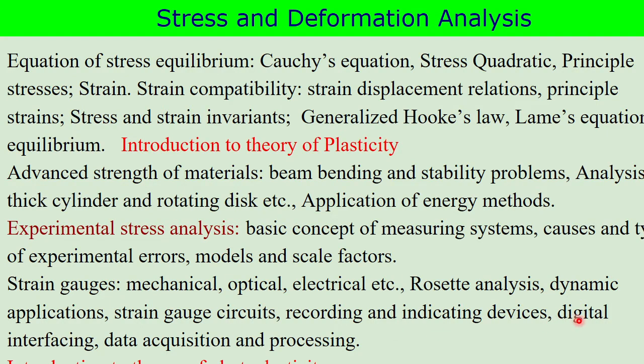You need to carry out an experiment nowadays, you require these things as well. The theory of photoelasticity, we are not going to discuss here, but this is an essential part in experimental stress analysis.